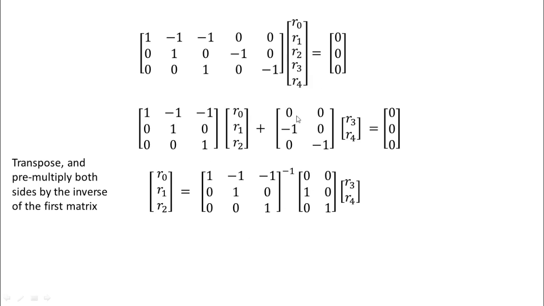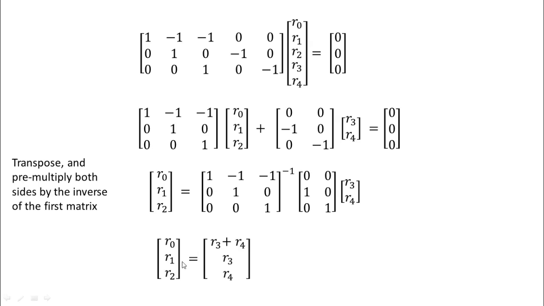This matrix times R3, R4 will directly give us R0, R1 and R2. R3, R4 are the ones that are being measured here, calculated from the measurements of C and D. With that we can get R0, R1 and R2.